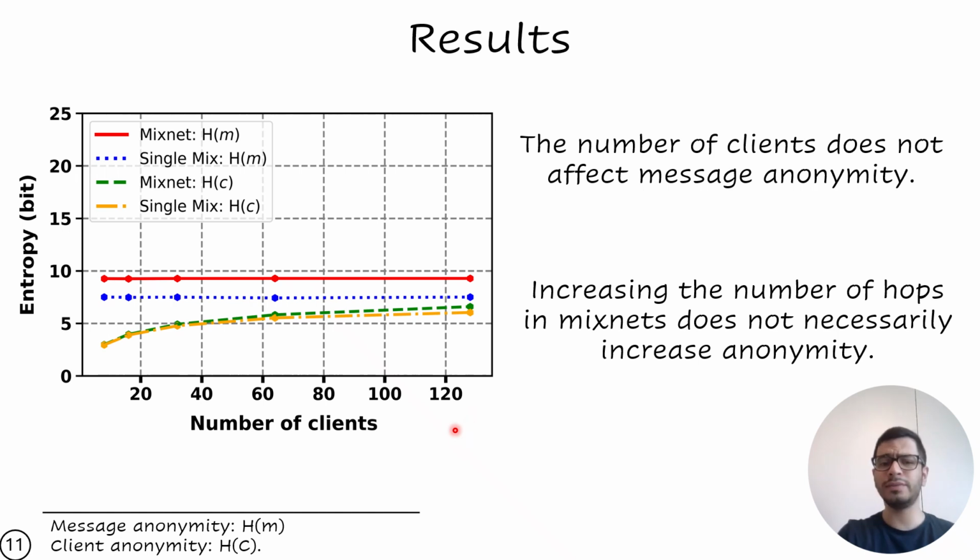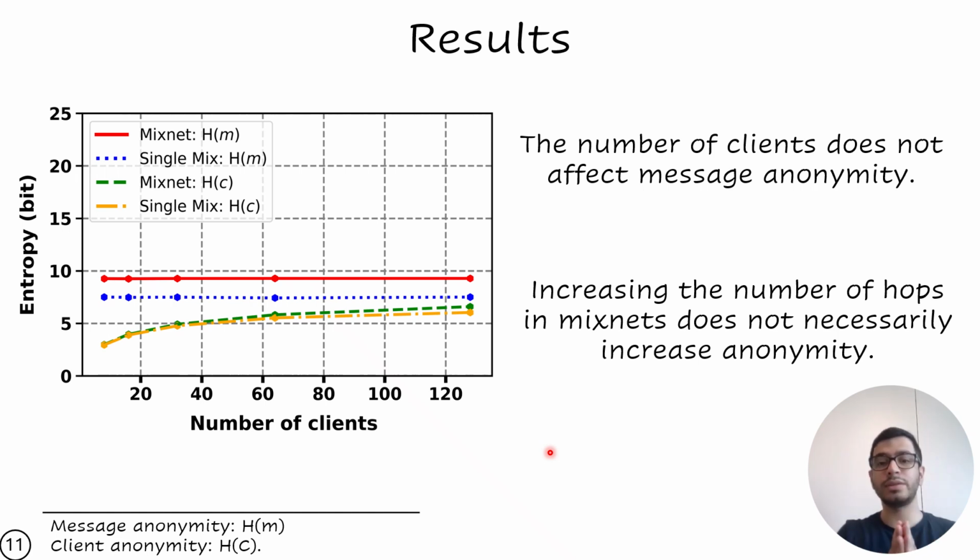On the other hand, we realize that message anonymity recommends that we increase the number of hops in the mixed network. For instance, when we increase the number of hops from 1 to 3, the message anonymity considerably increases. However, we see that the client anonymity does not increase that much. It will slightly increase if you increase the number of nodes from 1 to 3, but it's not dramatic.